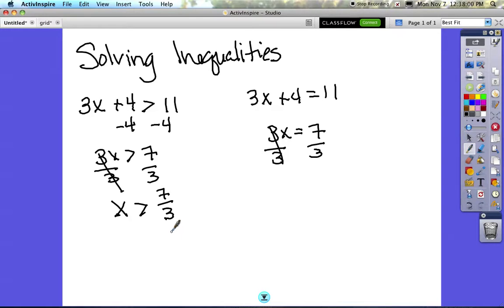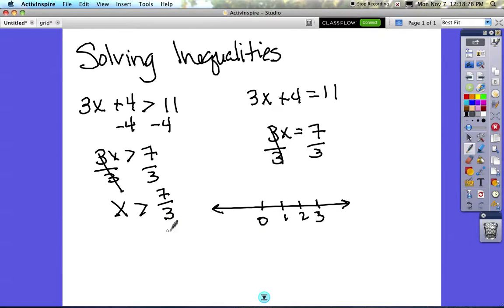Now, on today's lesson, you're going to graph these on a number line. And the number line, I believe, is numbered for you. Okay, so you don't have to number them. So I want to show a graph on a number line where all x's are greater than 7 over 3.